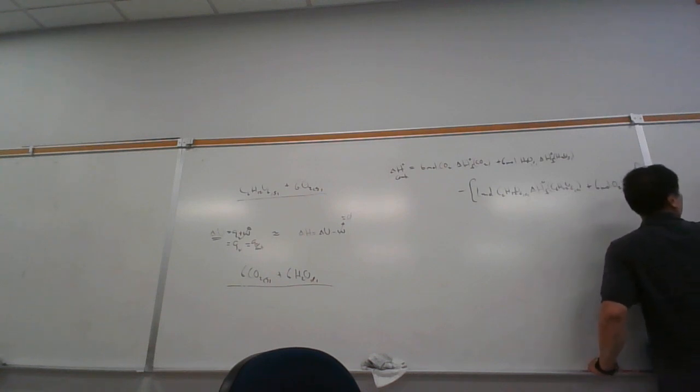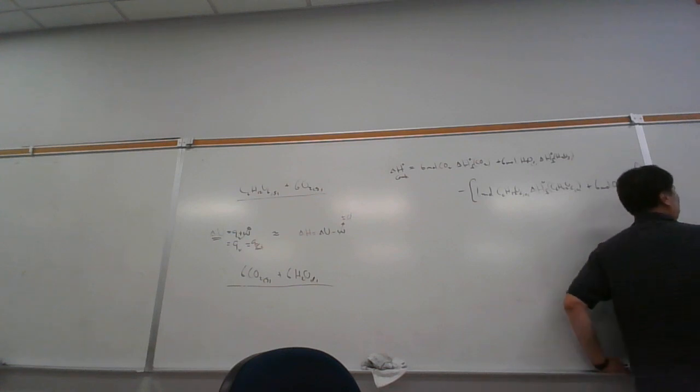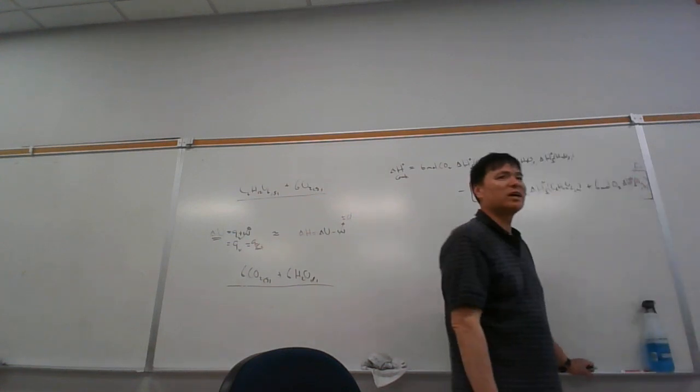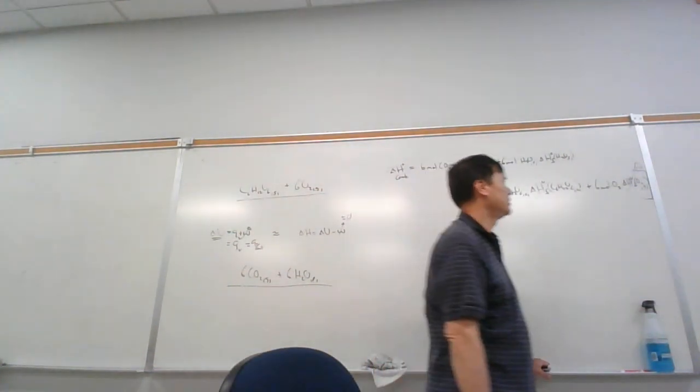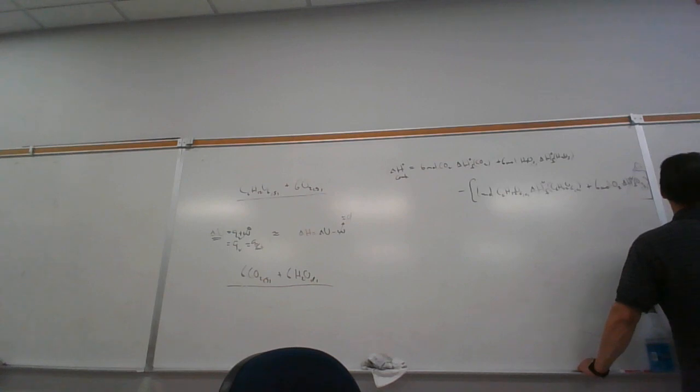The element in the most stable state would be oxygen. So this is going from oxygen gas to oxygen gas at 298 Kelvin. Is there any change in energy? No, it's the same thing. And so the change in energy here, delta H, is equal to 0. And so that's why.